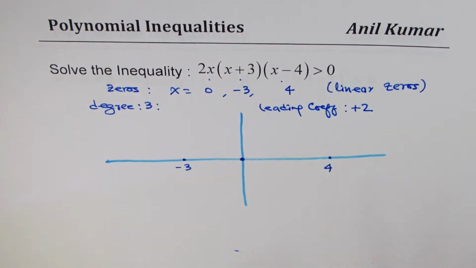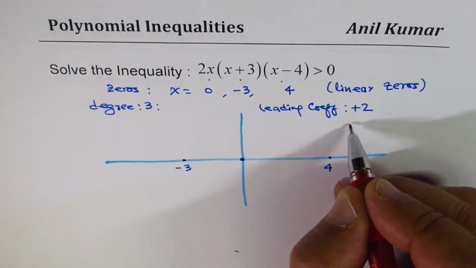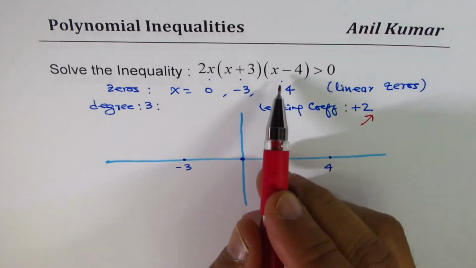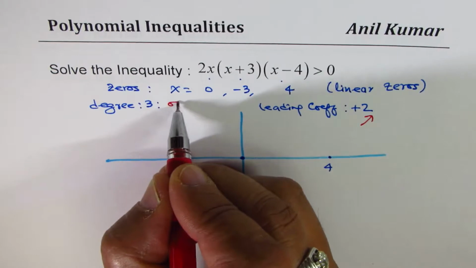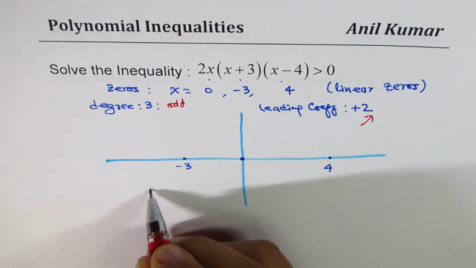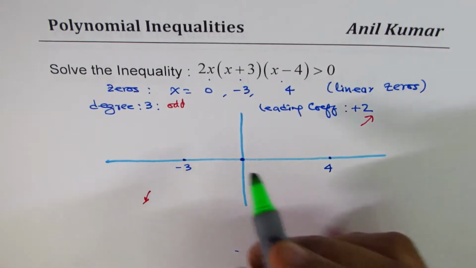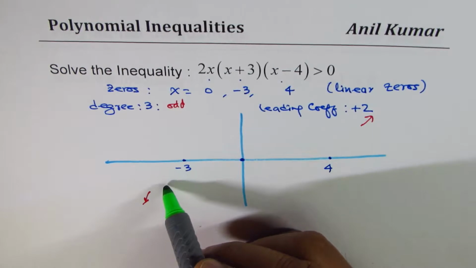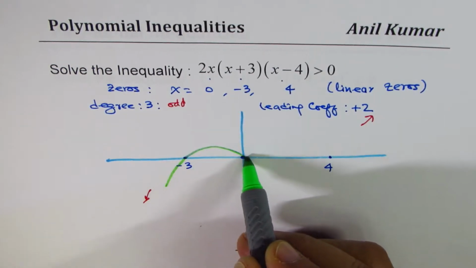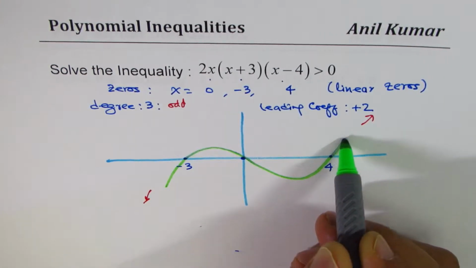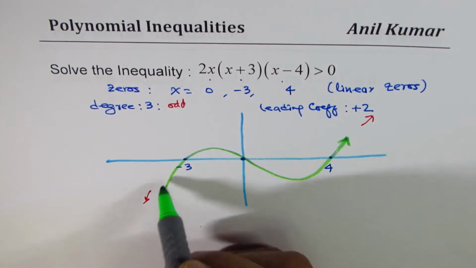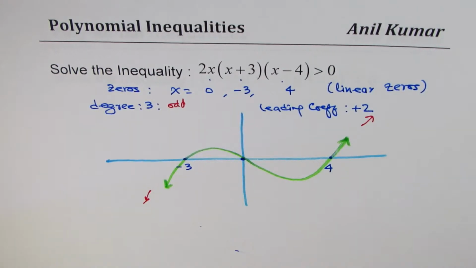So if the leading coefficient is positive, then the right side is up, right? And if the degree is 3, which is odd, both ends are opposite. So that helps us to sketch the graph of the function, correct? We could graph the function kind of like this. So that becomes the graph for the given function.